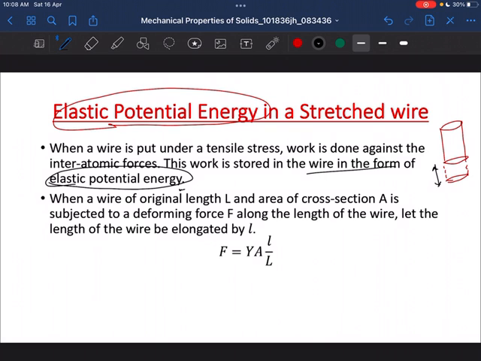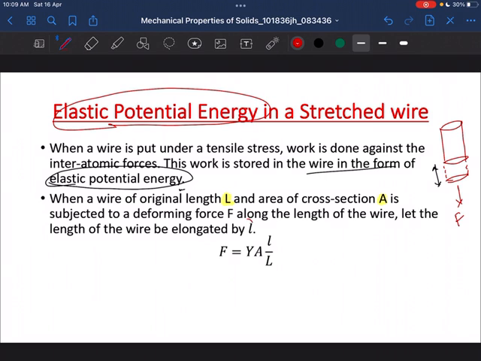When a wire of original length L and area of cross section A is subjected to a deforming force F, let the length of the wire be elongated by l. Here this l is nothing but the deformation.